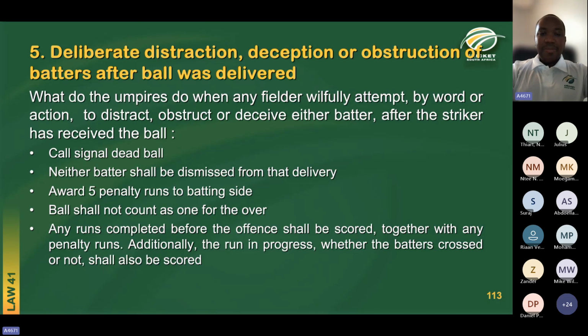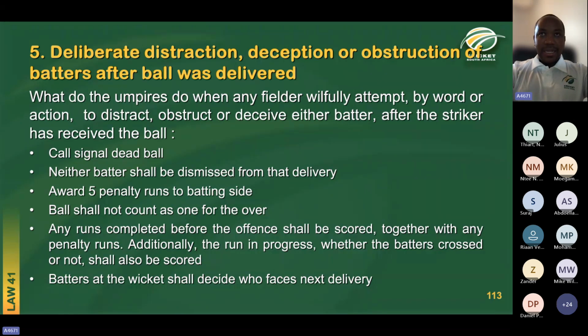This is the only time in the law where a run is awarded without the batters having crossed. Another important fact that is specific only to this part of this law: the batters at the wicket shall decide who faces the next delivery.